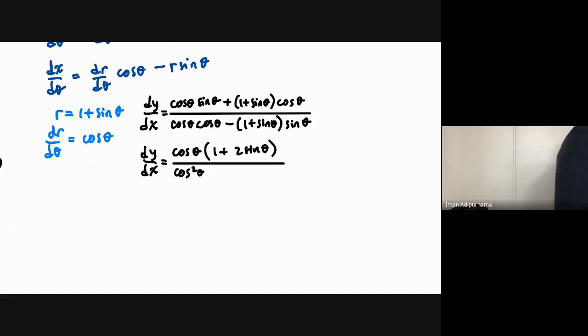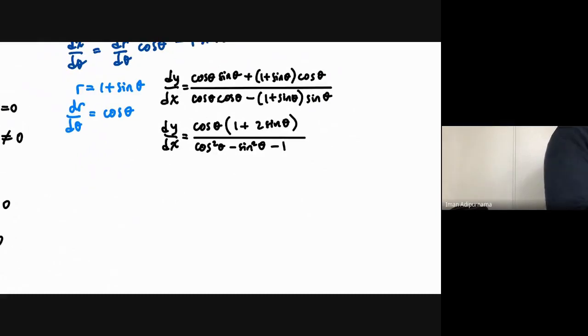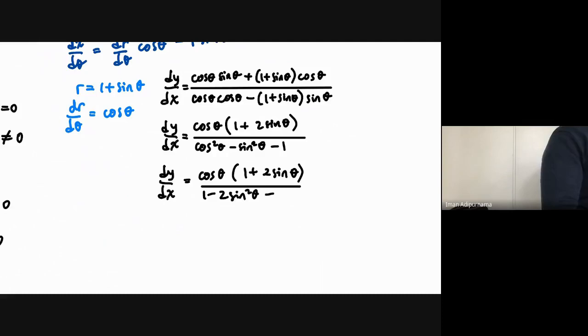We can write this as cos 2 theta, but because I want to simplify with sine, let me write this differently. Oh, wrong.